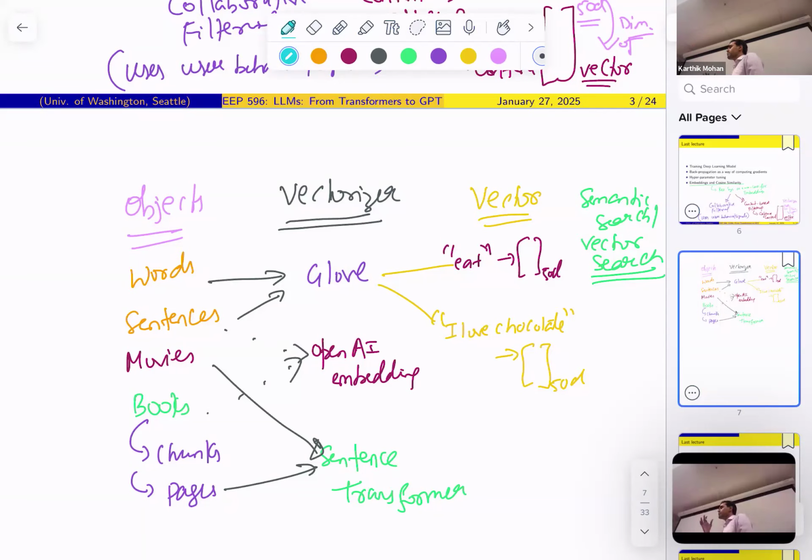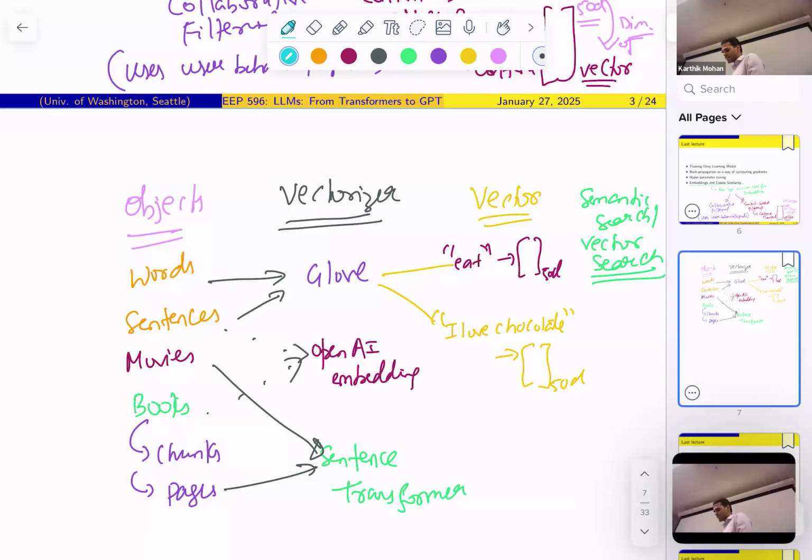So then you pick a vector database. What would be a vector database that you've come across? There are many of them. There's Pinecone. You could do column storage. You could do all kinds of vector-based databases, right?